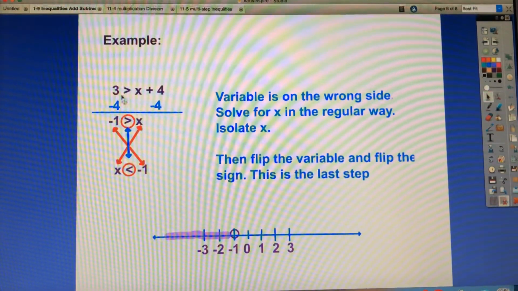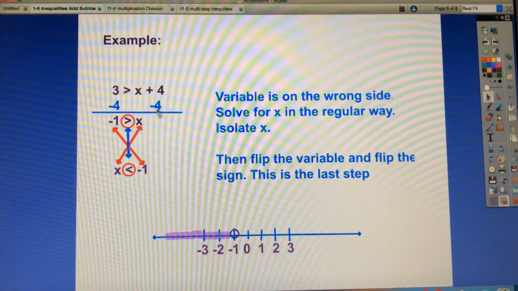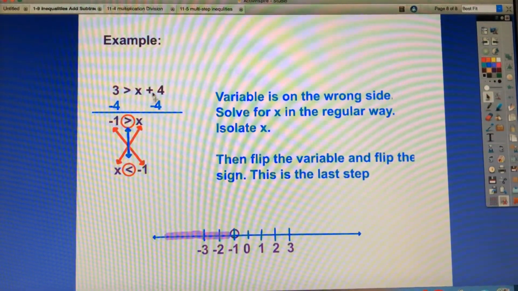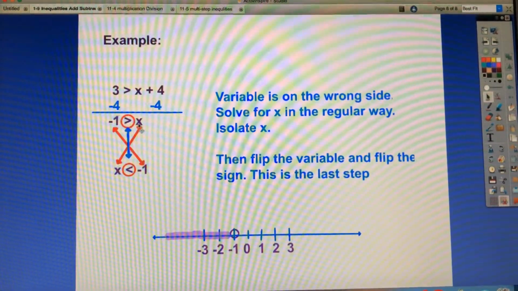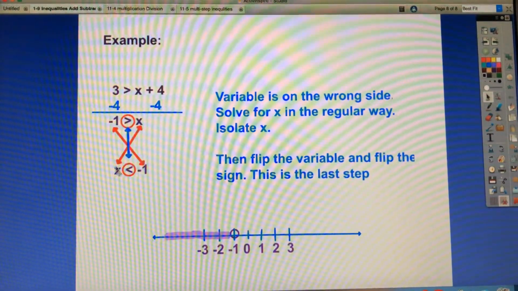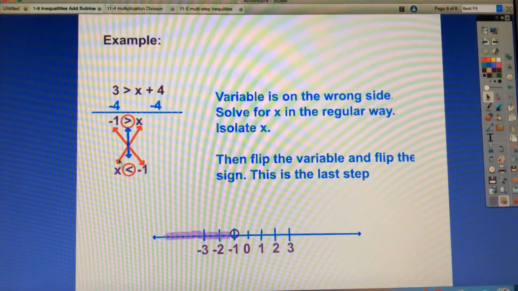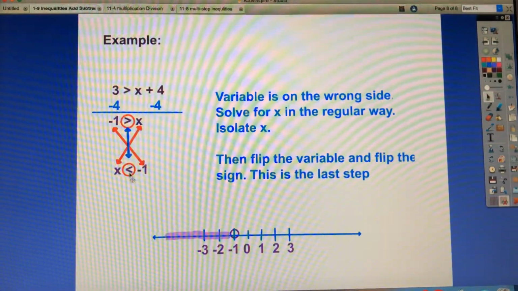Example, 3 is greater than x plus 4. I need x to be isolated, so I subtract 4 from both sides, and I get a negative 1 is greater than x. But I want to move x to the left. So if I'm going to move x to the left side, I need to take that greater than sign and flip it and make it a less than sign.